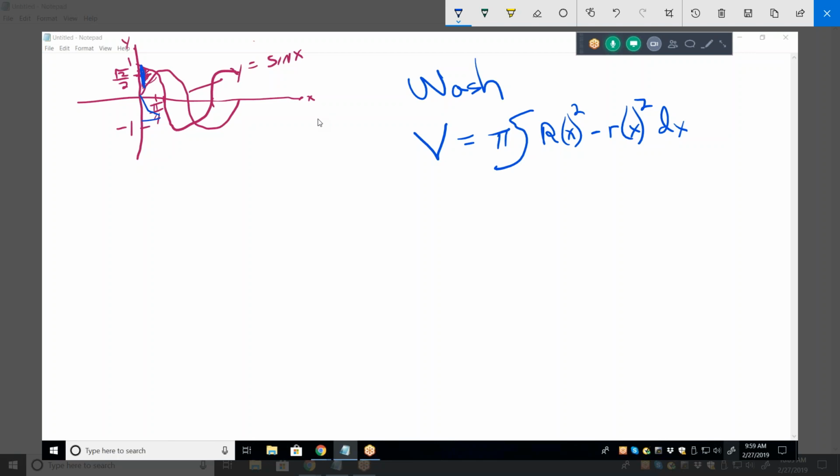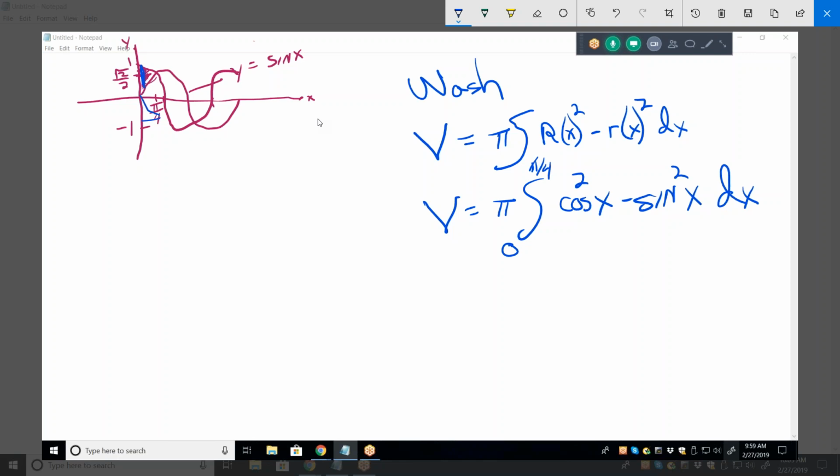What is the outside radius? Cosine x. So we're going to square it. The inside radius? Sine x. And we're going to go from what to what? 0 to pi over 4.